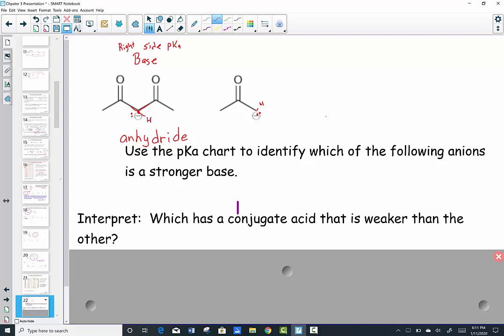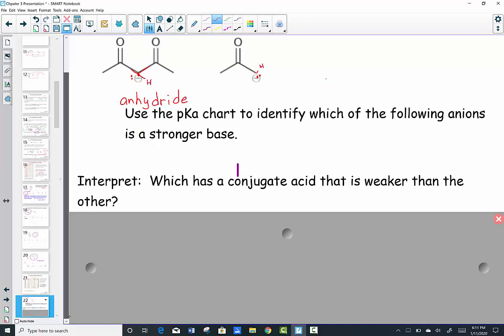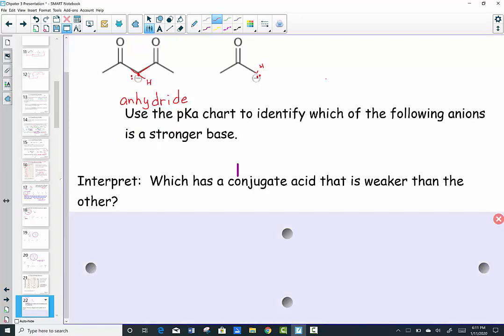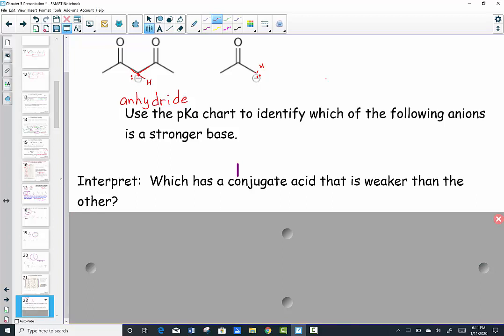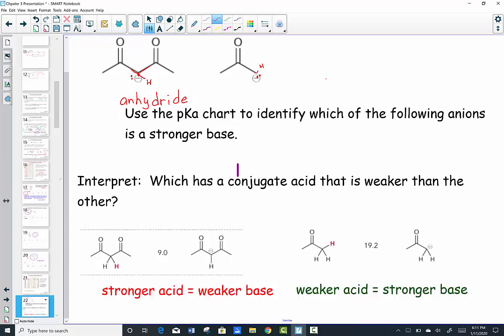Alrighty, so those are the structures you found using your pKa chart. And what do they mean? So this tells me the stronger acid has the lowest number. Strong acid, weak base.